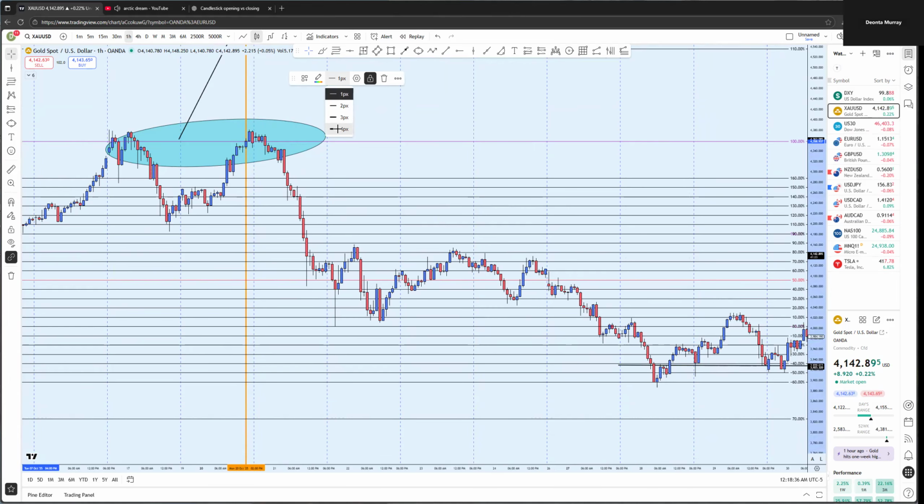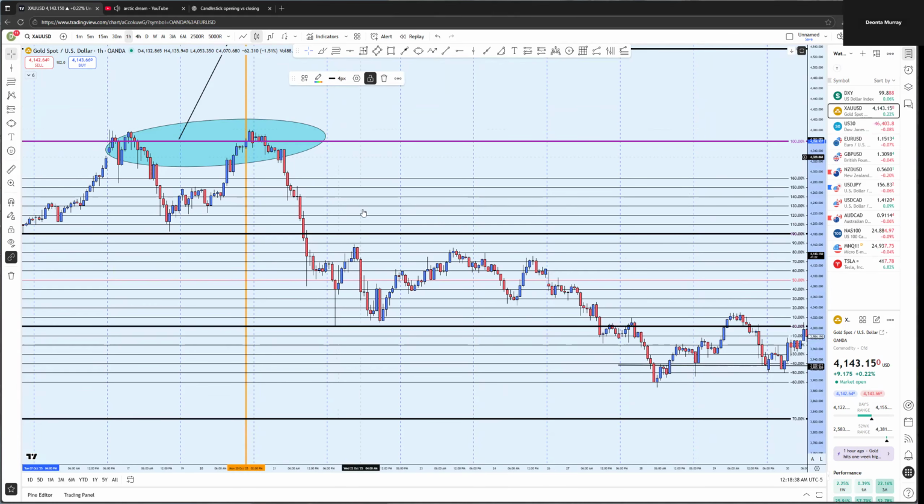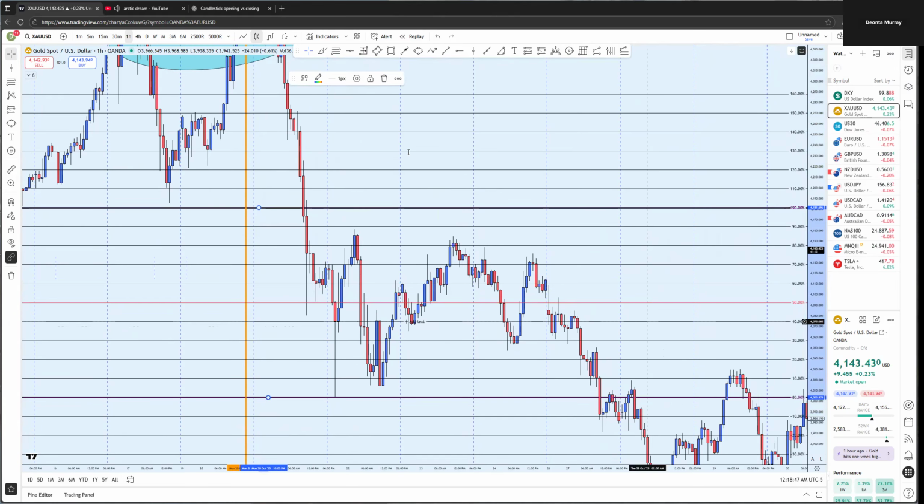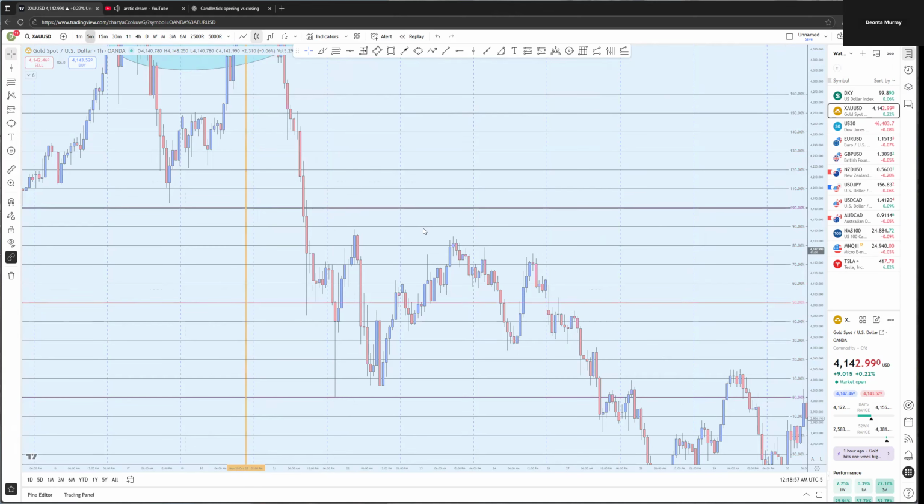All I'm doing is making that bigger fib line for resistance stand out. So I made it 4px, and then the inner fib stays at a 1. Now all I want to do is scroll down to M5.